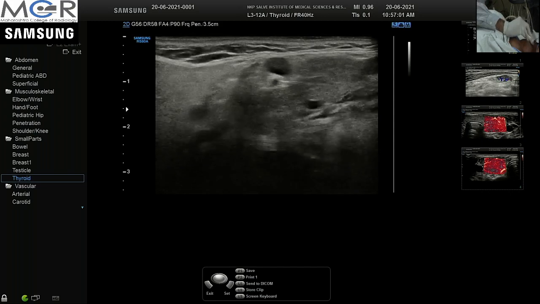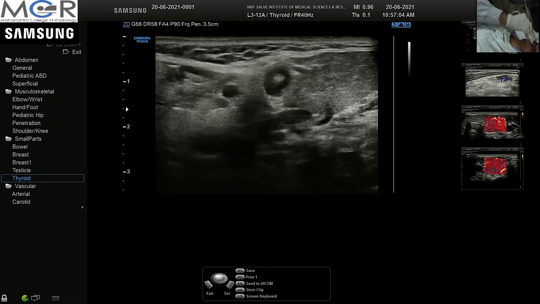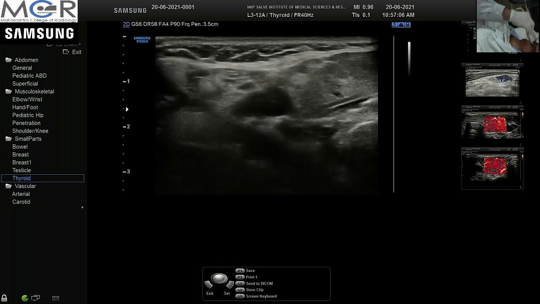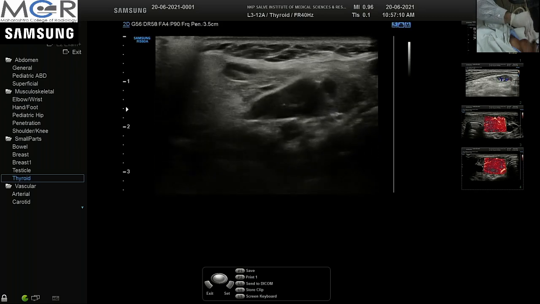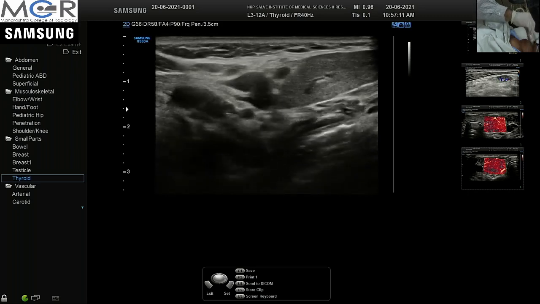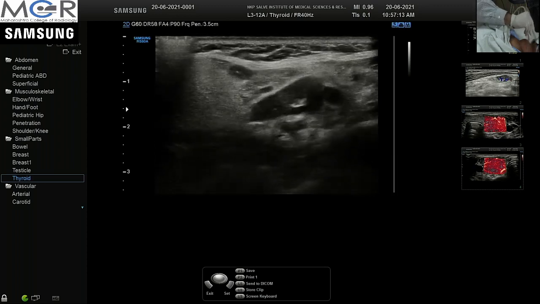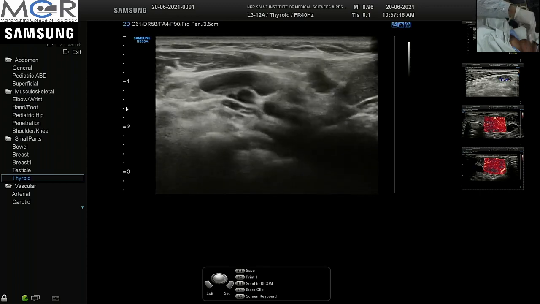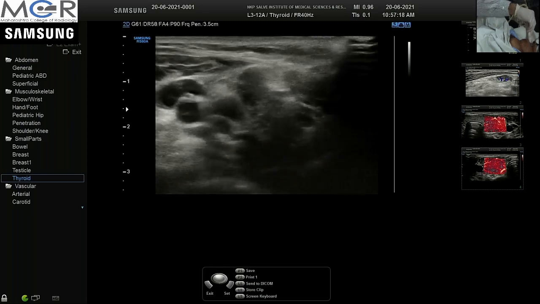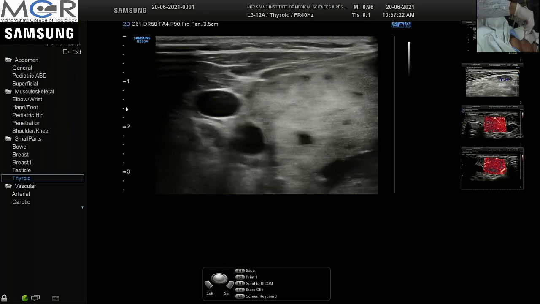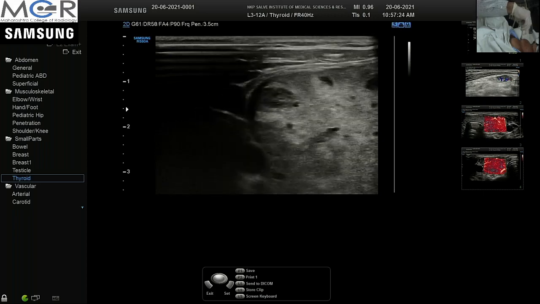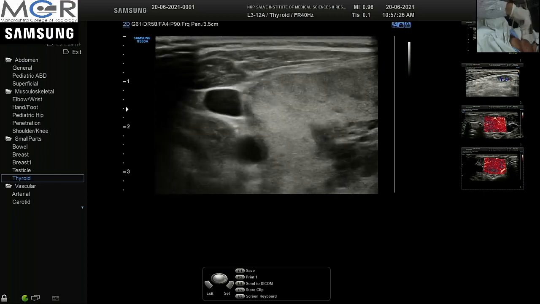Submandibular, carotid, there are normal nodes, but their size is quite small. This level 2A node is quite big, but shows normal echotexture and shape. We take note of them and come down, and we see here that it has extrinsically compressed the jugular as well as the carotid artery laterally.